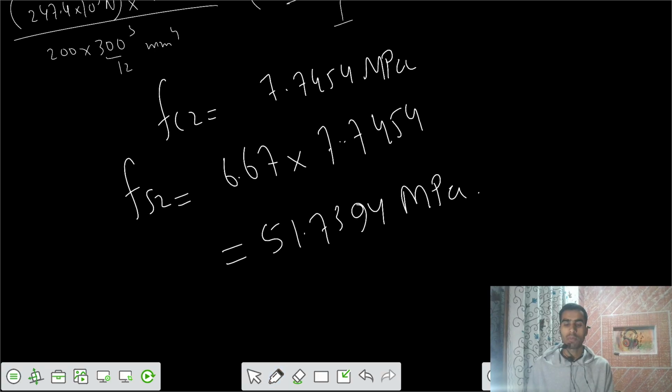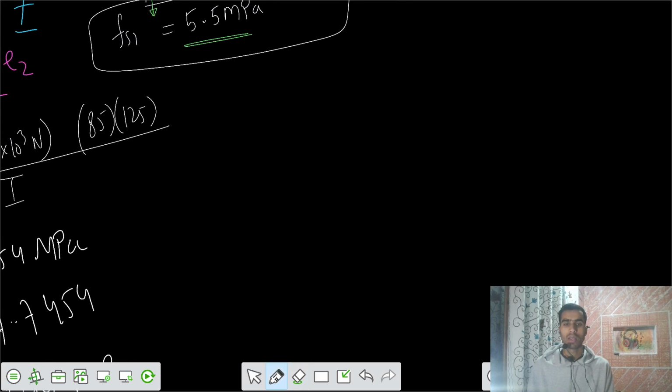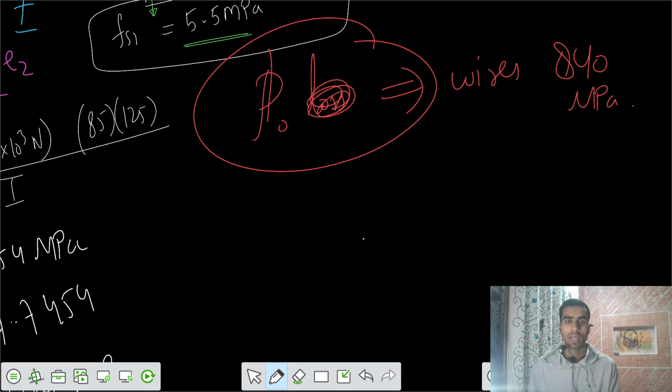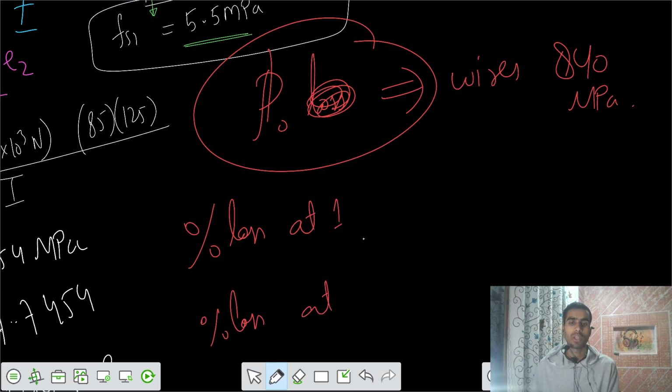To calculate the percentage loss of the stress, the initial stress in the wires is the same. That was given to you as 840 megapascals. Now calculate the percentage loss at location 1 and location 2.